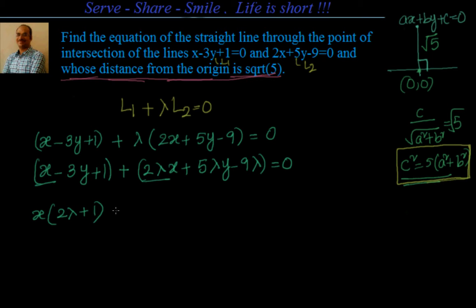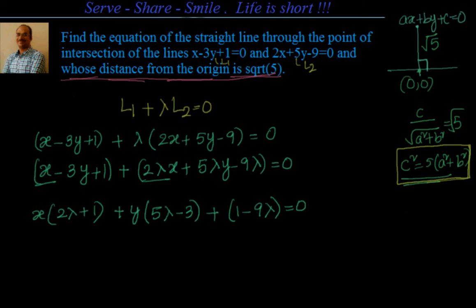Then let's go to y terms. We will say y into, what is the y term here? 5 lambda and there is minus 3. So I will have 5 lambda minus 3. Then I have 1 and I have minus 9 lambda. So can I say 1 minus 9 lambda? This is equal to 0.